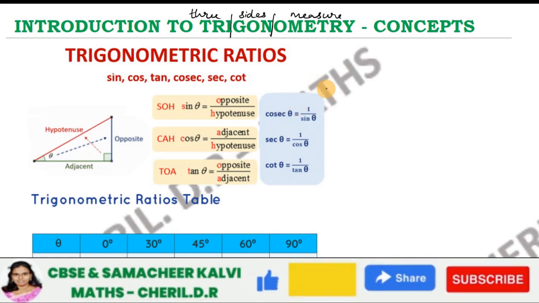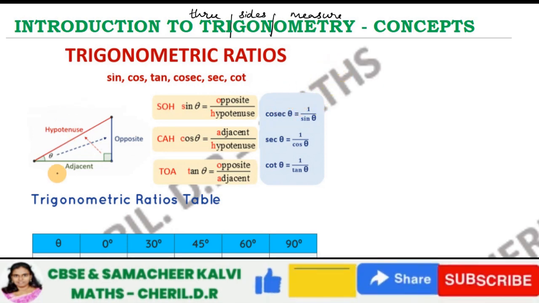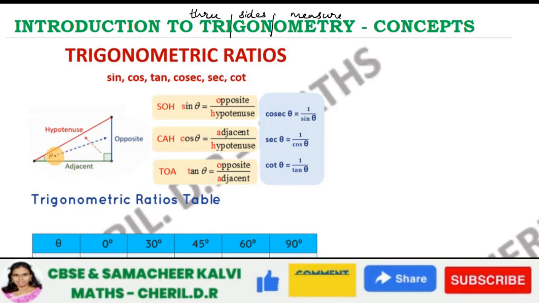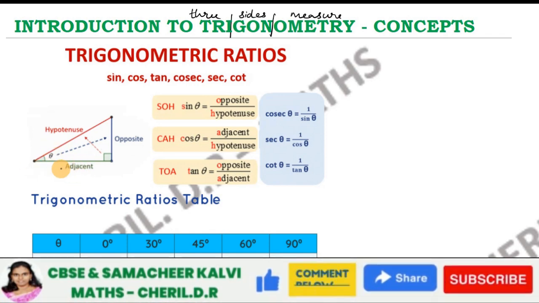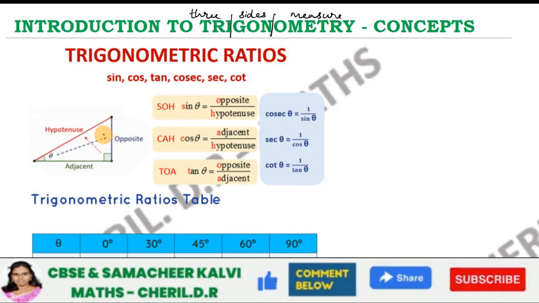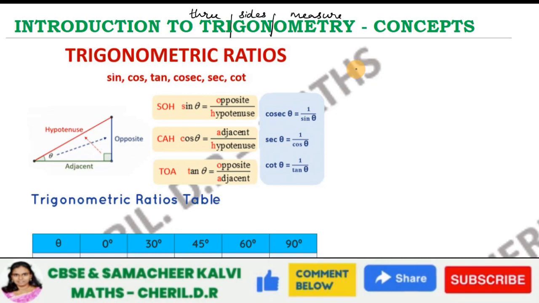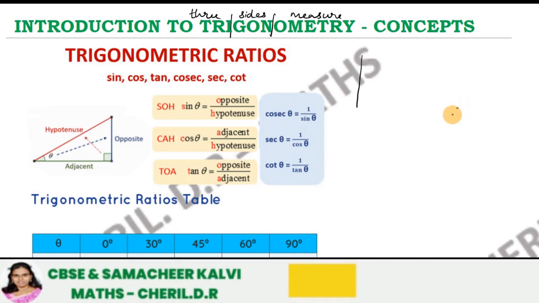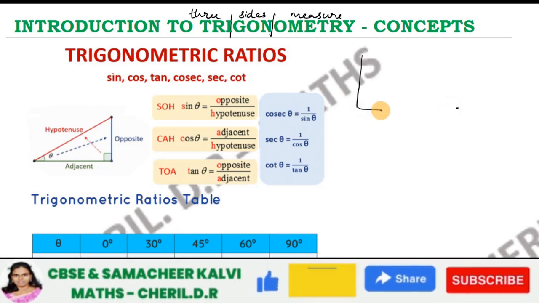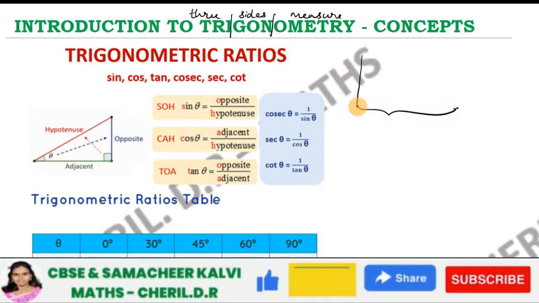So why do we use this? If we are given just one value, it will be easy to find out the other 2 sides. For example, if we have to measure the height of a tower and you are going to stand at this place, this distance we can very easily calculate, and also we can measure the angle.